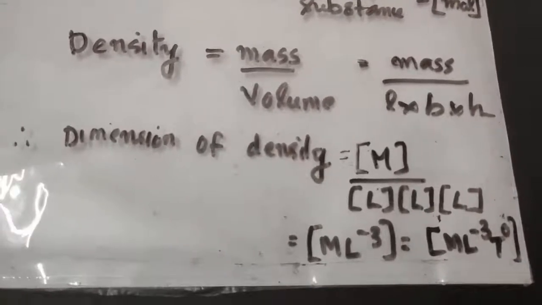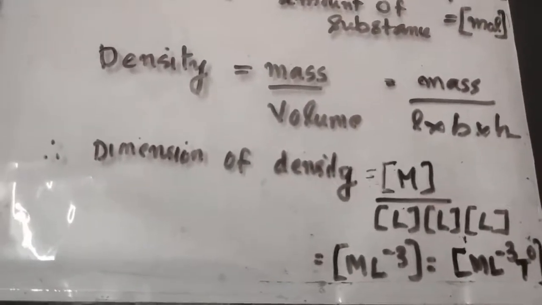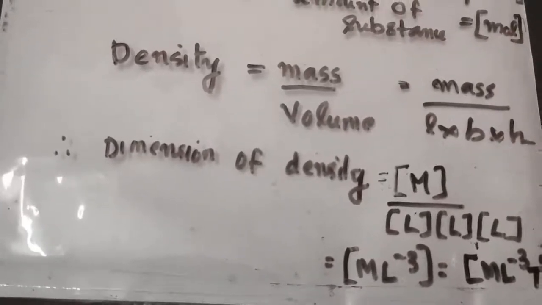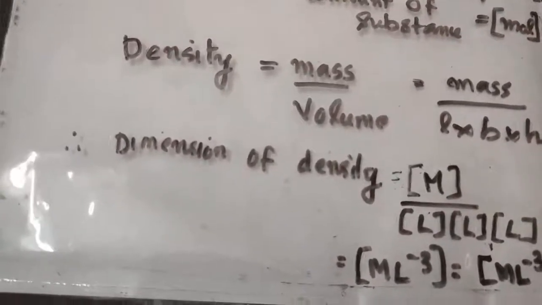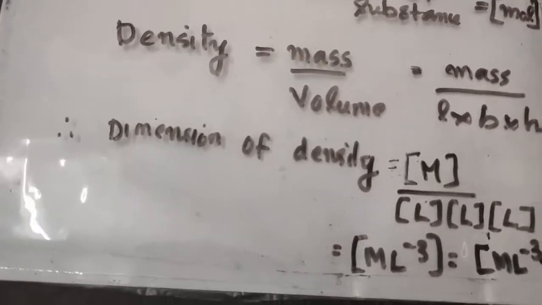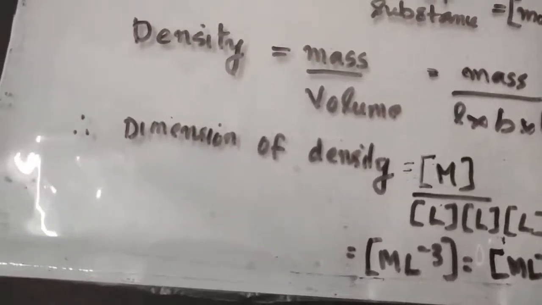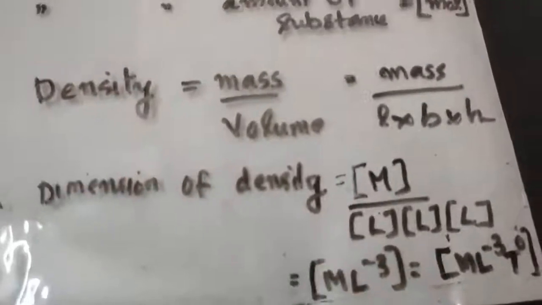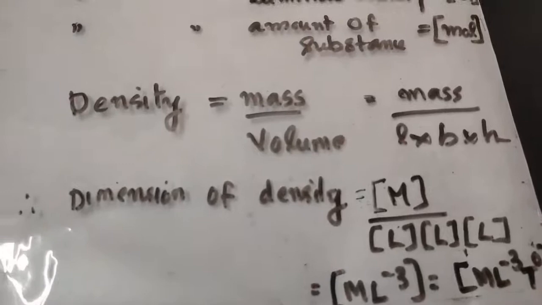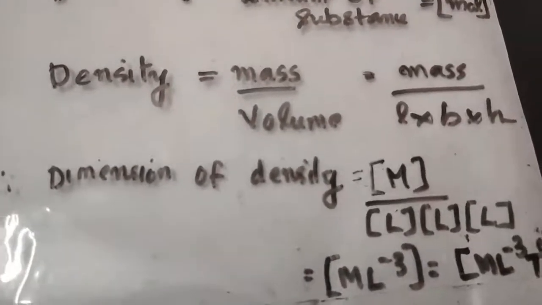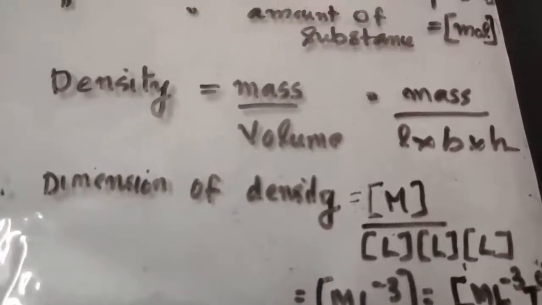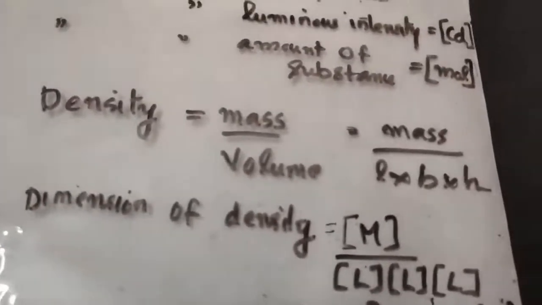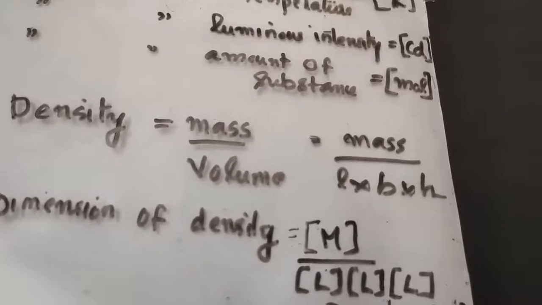So if you check this equation, we understand that the dimension of density is 1 in mass, minus 3 in length and 0 in time. So how do we define dimension? Can you define dimension? Dimensions of a physical quantity are the powers to which the fundamental quantities must be raised to represent that quantity completely.